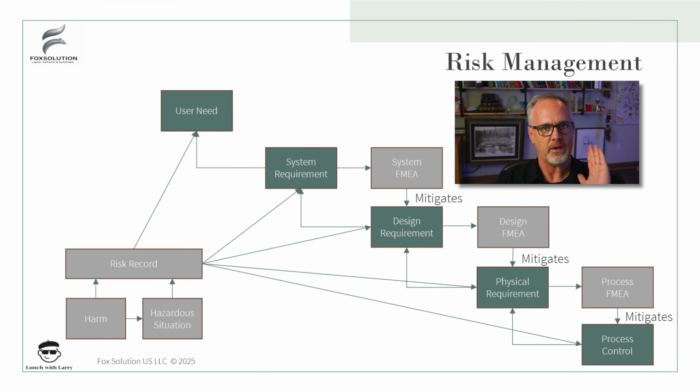And now what we can do is trace that risk record to every mitigation level and explain exactly, from a traceability standpoint, how we're controlling the occurrence of that hazardous situation, not only from a design or a process control perspective, but from a systems perspective. And then this sterilization question I had, how often the harm is exposure of the user to a non-sterile device.